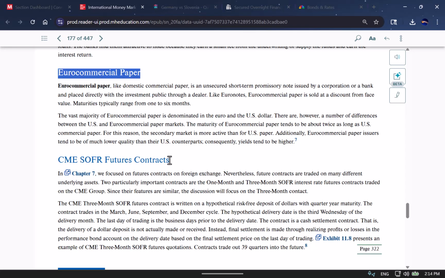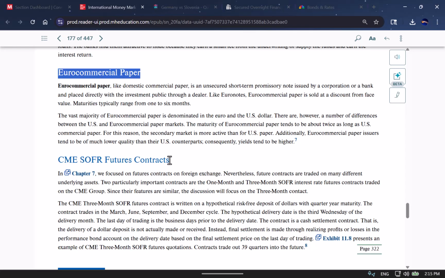But if Apple issues a 3 month instrument where they're going to pay you $1 million 3 months from now, that is called a commercial paper. It's basically short-term pure discount borrowing securities that are issued by corporations. That's the only difference between treasury bills and commercial paper.